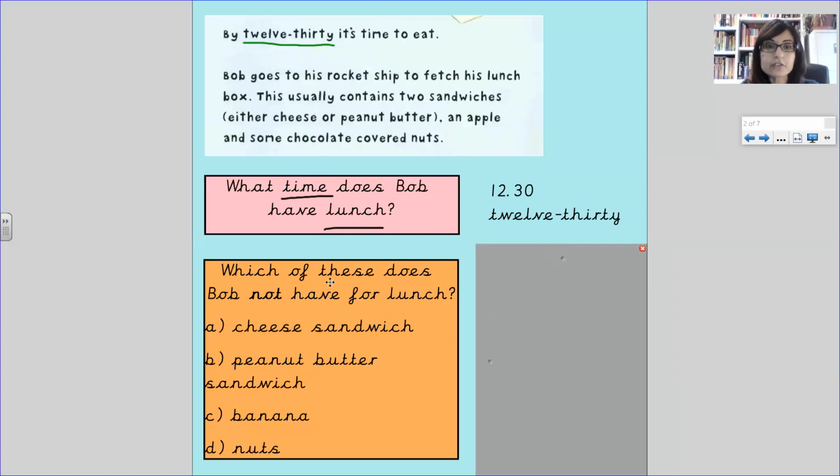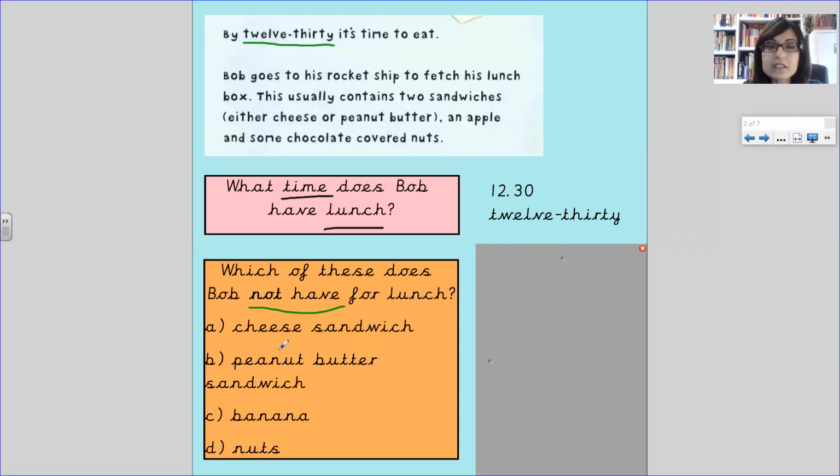Our next question is, which of these does Bob not have for lunch? Our choices are A, a cheese sandwich, B, peanut butter sandwich, C, banana, and D, nuts. There are 4 choices. And remember, what does the question say?